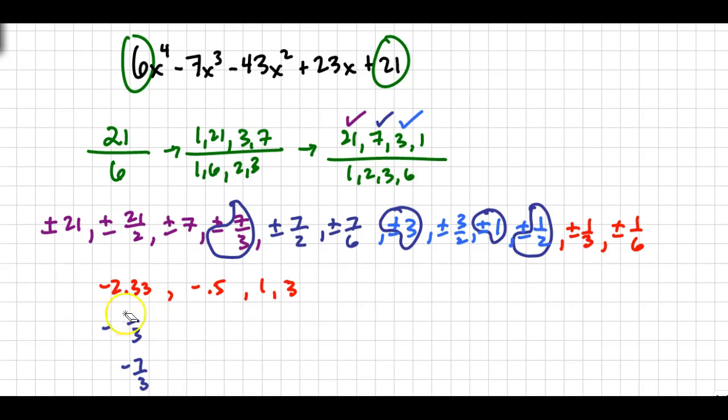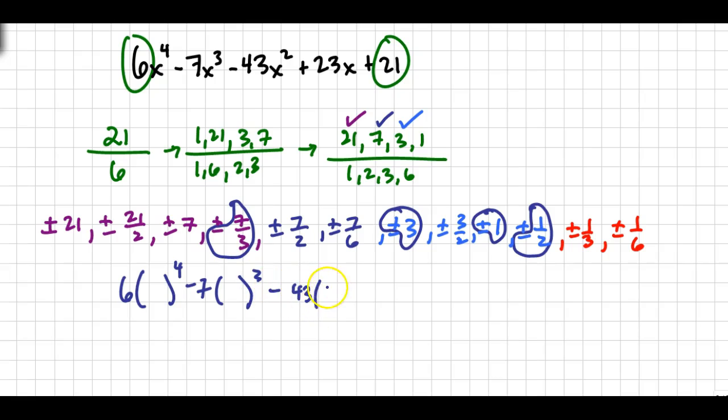I don't know yet if those are my zeros, but I need to verify them. So I'm going to calculate for all of those. You're going to type in 6, and then your first zero, like negative 7/3, to the 4th, minus 7 times your next zero. If we're trying out negative 7/3, that would go in the parentheses still. So you'd try negative 7/3 in all those empty spots, and you'd see if it generates a 0.